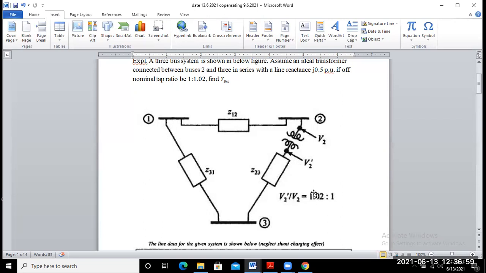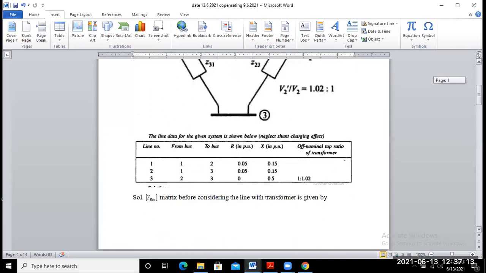So V2 dash equal to what can we write? 1.02 V2, and then similarly put it in the standard form of this regulating transformer. Here the parameters of the transmission line between the connection of the buses are given, and here it is also mentioned, the nominal tap ratio in tabular form, that means 1 is to 1.02.